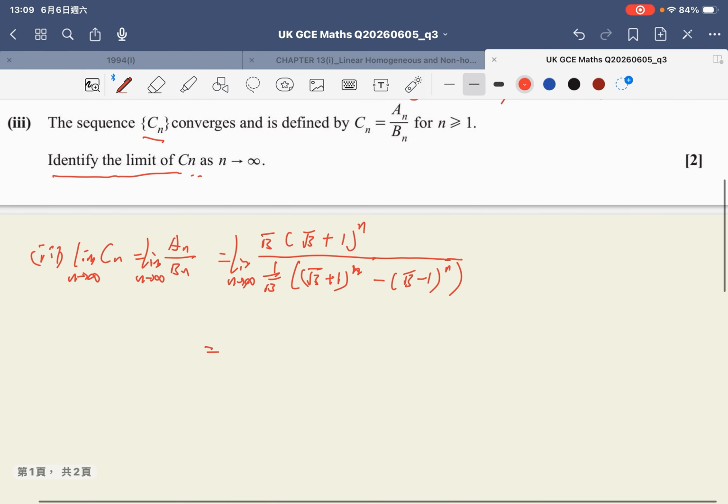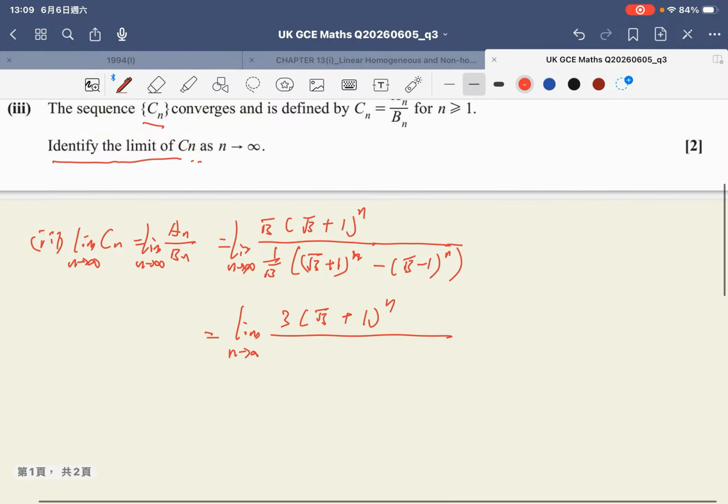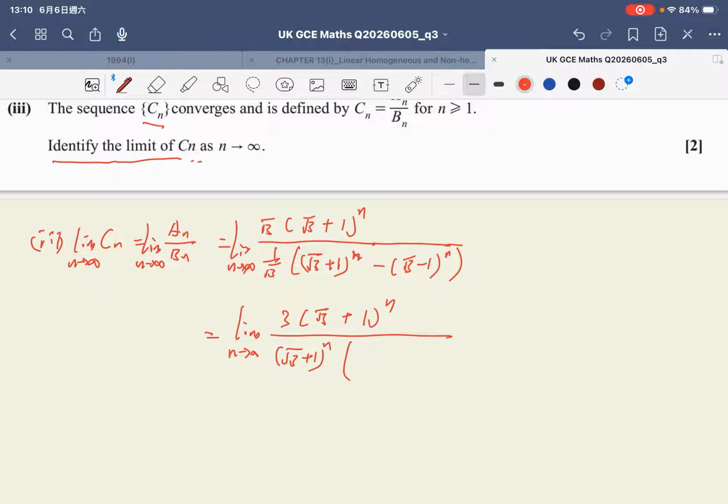We can factorize root 3 plus 1 to the power n outside. The numerator is 3 times root 3 plus 1 to the power n. For the denominator, we factorize root 3 plus 1 to the power n, leaving 1 minus root 3 minus 1 over root 3 plus 1, to the power n.